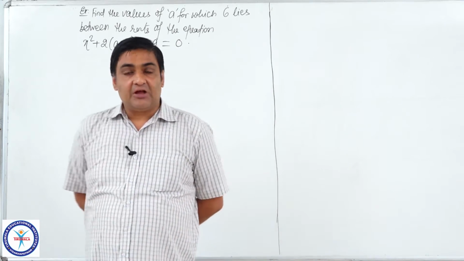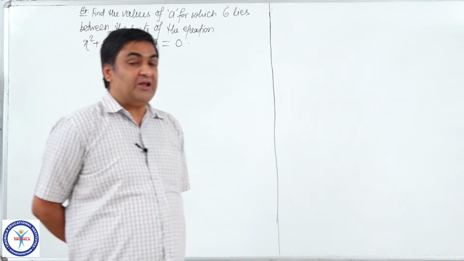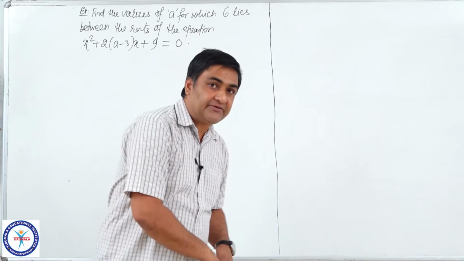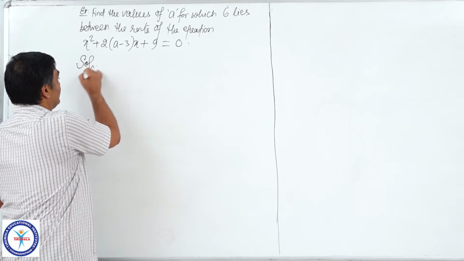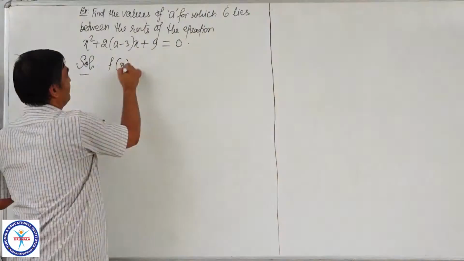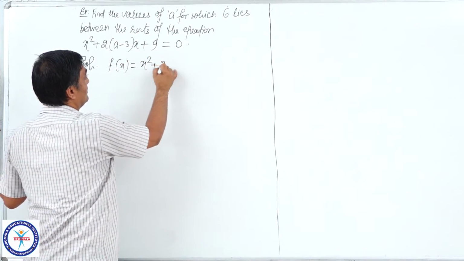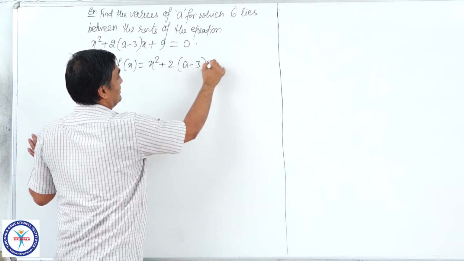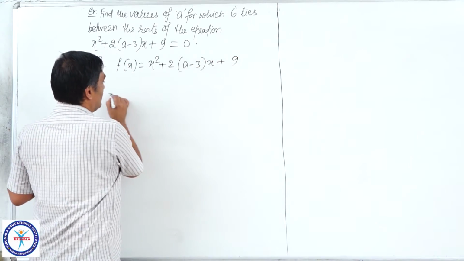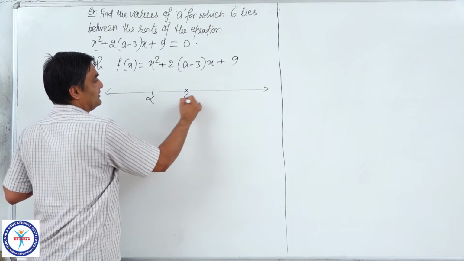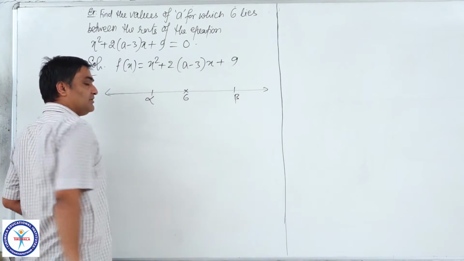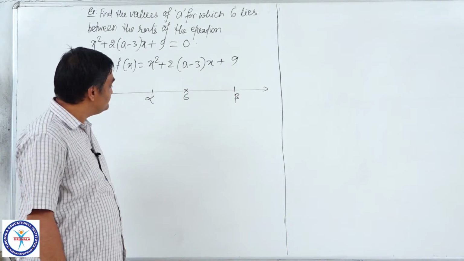Now, 6 lies between the roots means one root is smaller than 6, the other is greater than 6. So if we plot this on the number line, 6 lies between the roots of the equation, means like this.